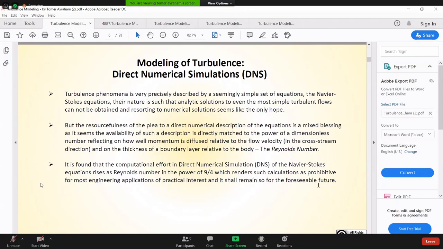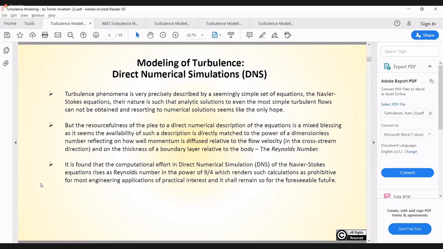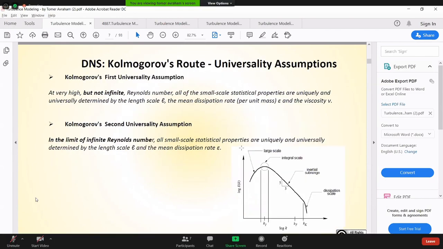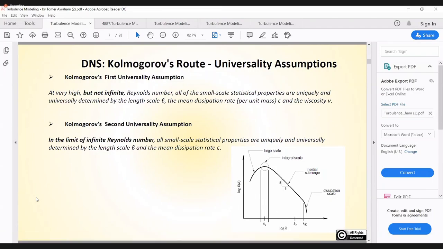You'll read it everywhere in every publication. It shall remain so for the foreseeable future. So we have the Kolmogorov universality, and what we hope is that when we put a filter, we just cut it like that and not change what is resolved.